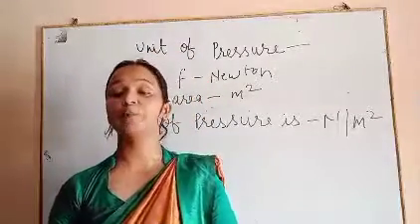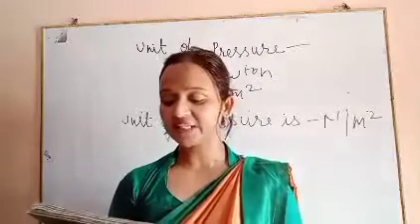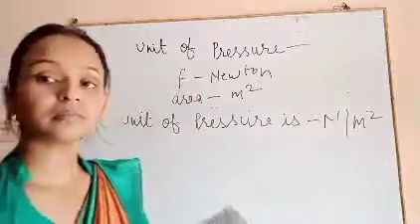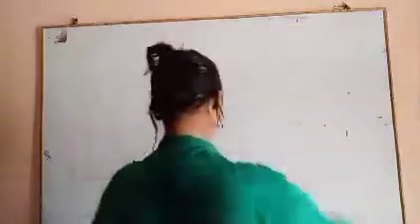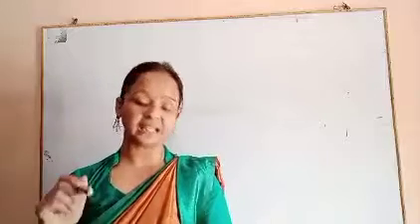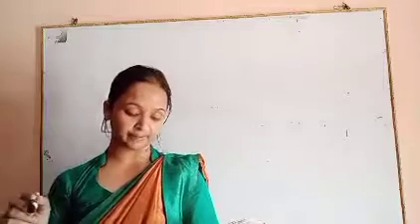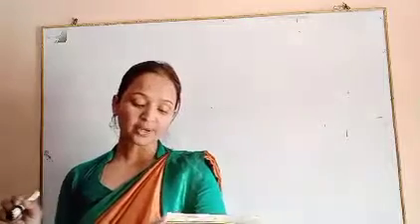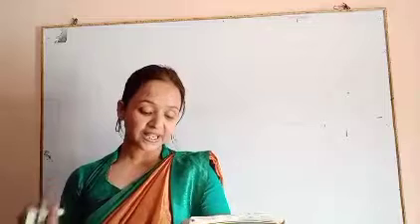Now come to the example of pressure. Before we discuss everyday examples of pressure, let us take the following illustration. Imagine a girl of mass 50 kg standing on pencil heels, each of area of cross section 1 centimeter square, and an elephant of mass 2000 kilogram and foot area of 250 centimeter square standing on a floor.